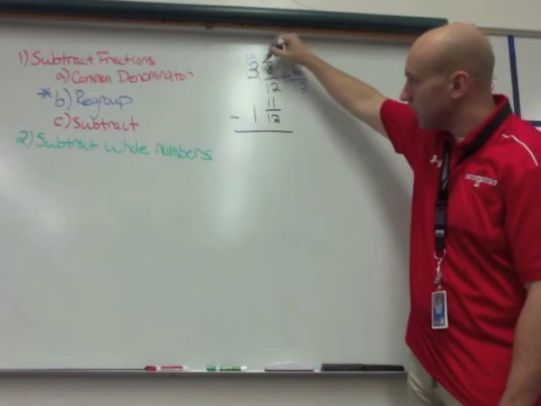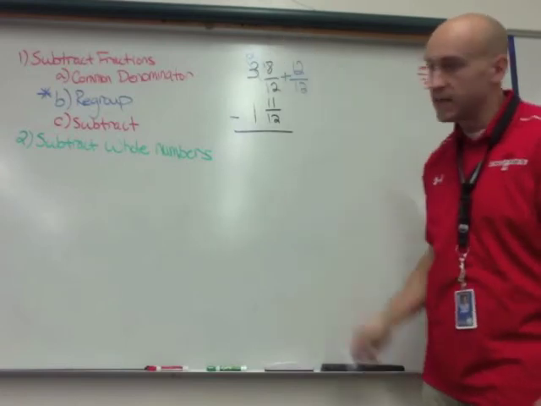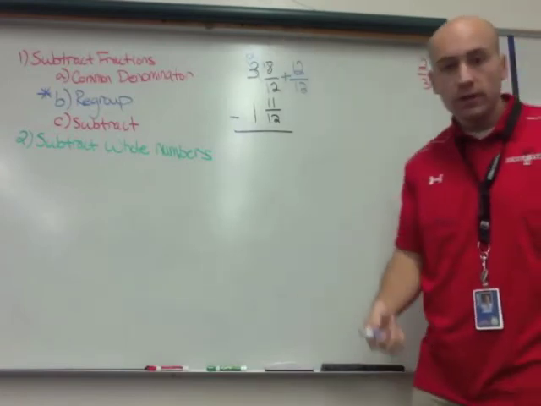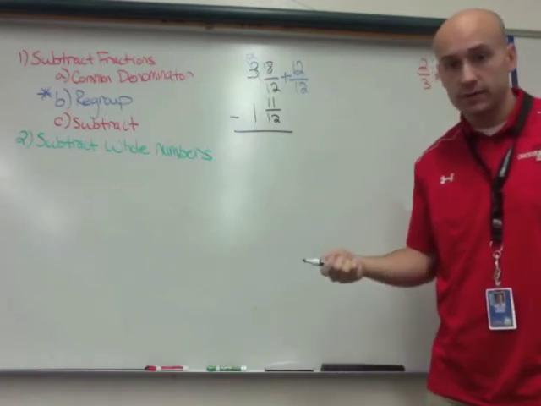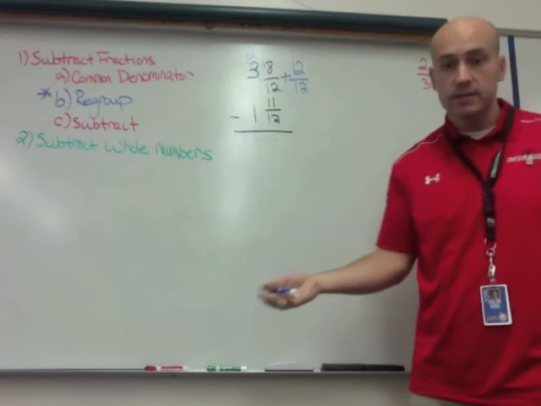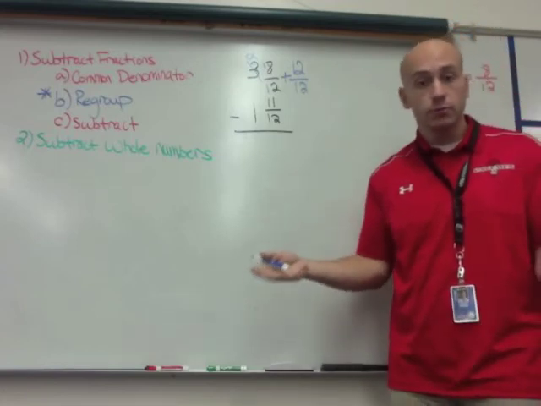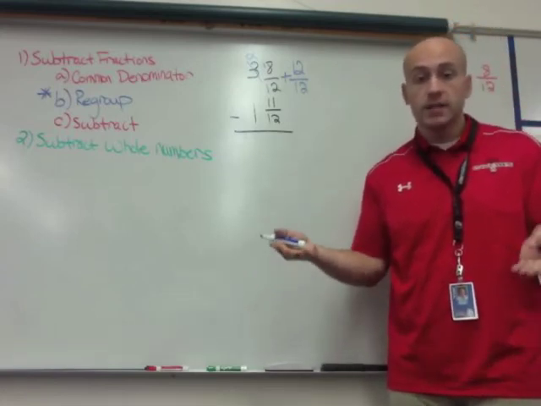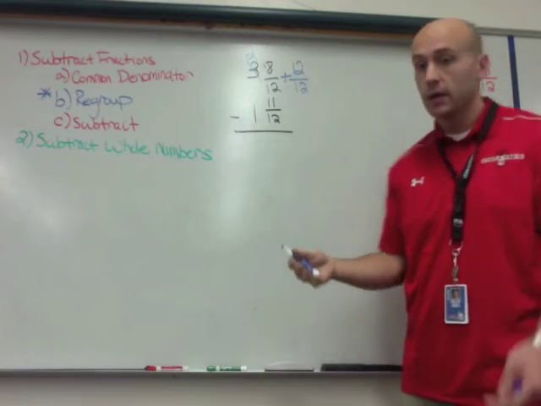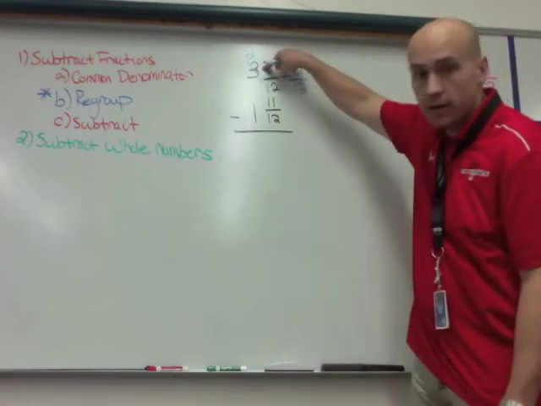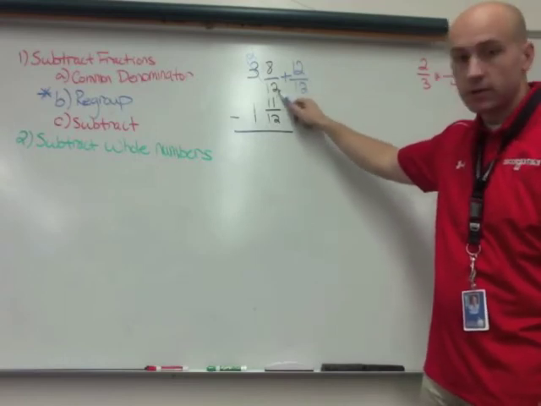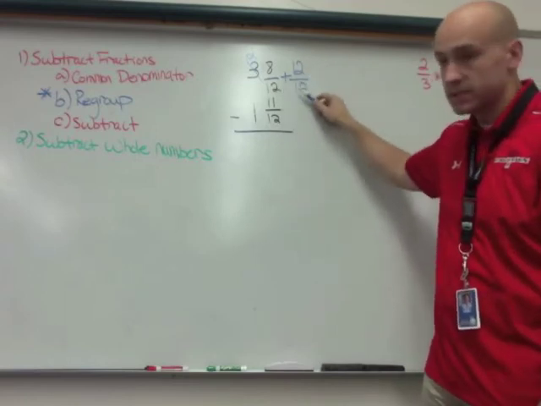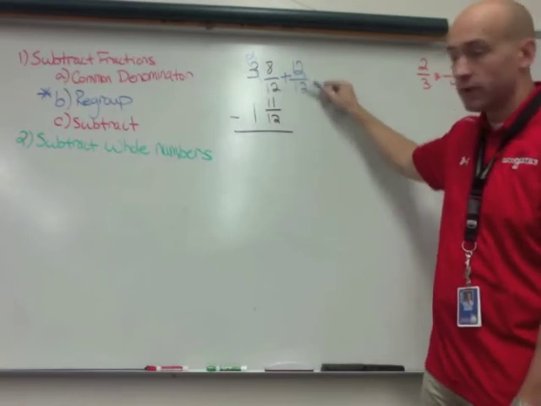If you were to put a 1 right here and change that into 18, what you really just did is add 10/12 to 8/12. And 10/12 isn't a whole. So you really didn't regroup your whole. You only regrouped 10 of the 12 pieces. So that's why you don't put the 1 right here and you add 12/12. Or if this denominator was 6, you'd add 6 over 6. If it was 8, you'd add 8 over 8.